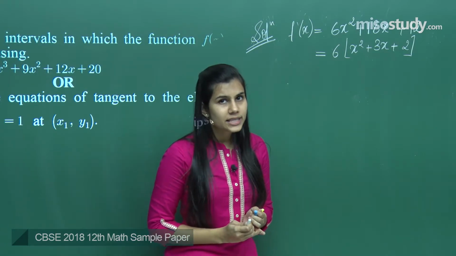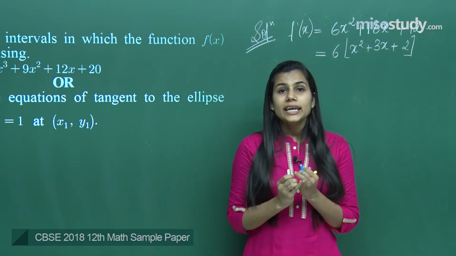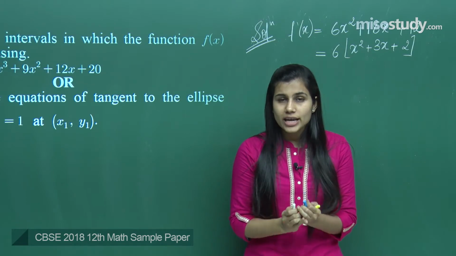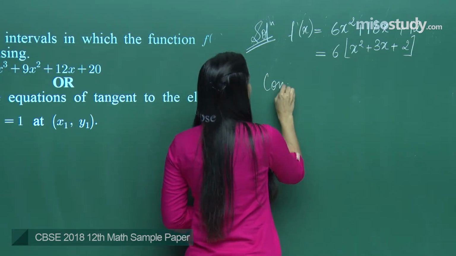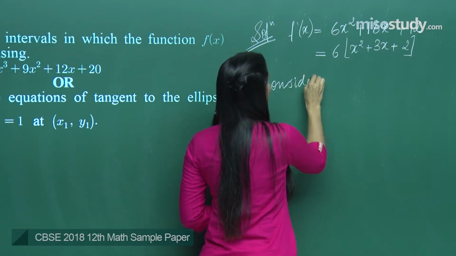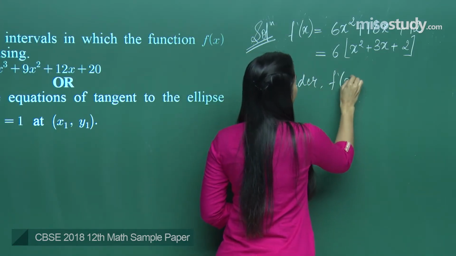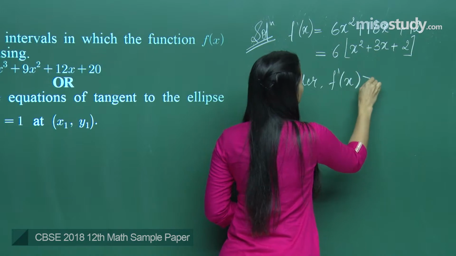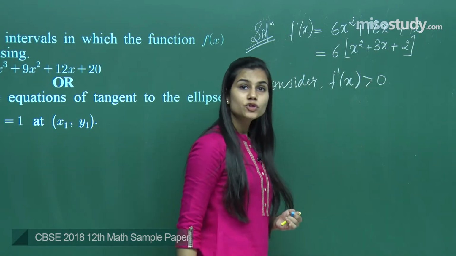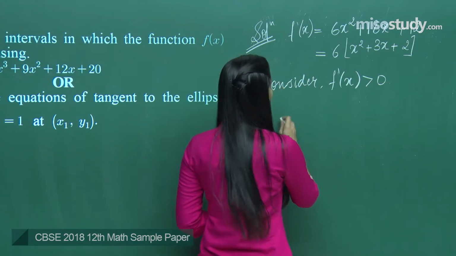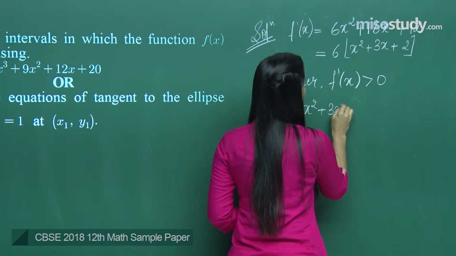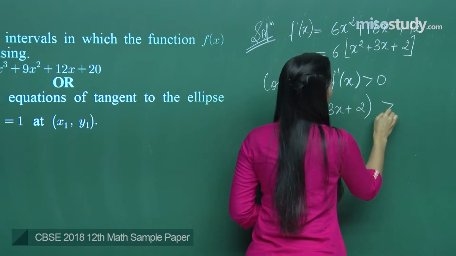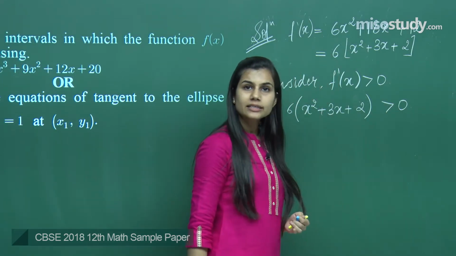The third step says solve the inequation f dash x greater than 0. So consider f dash x greater than 0. We have to solve this inequation. So f dash x greater than 0 means what? 6 into x square plus 3x plus 2 is greater than 0.